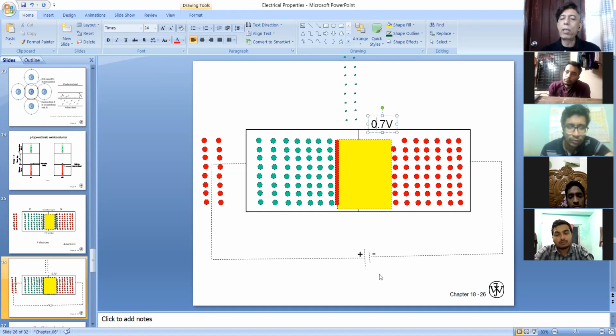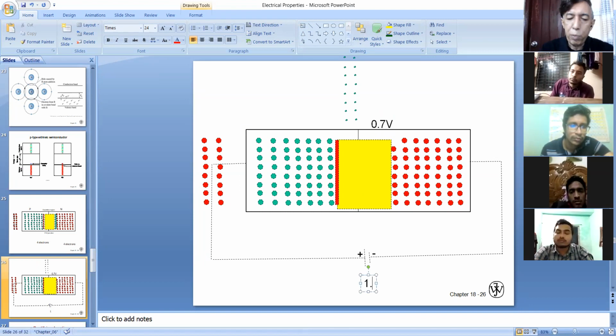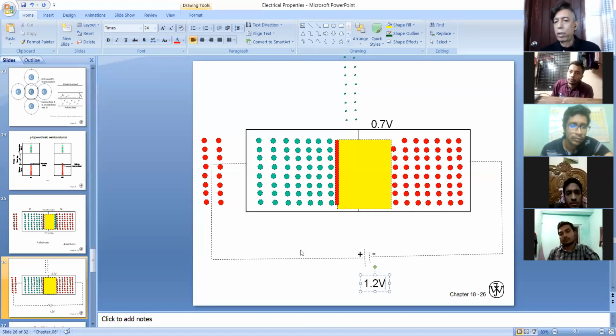If the strength of the battery, say for example, this battery is 1.2 volt, then the strength of this battery is higher than this depletion region.